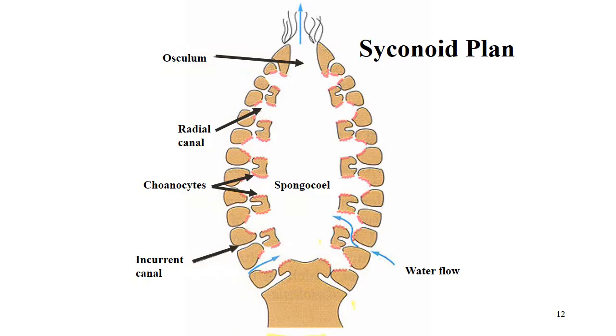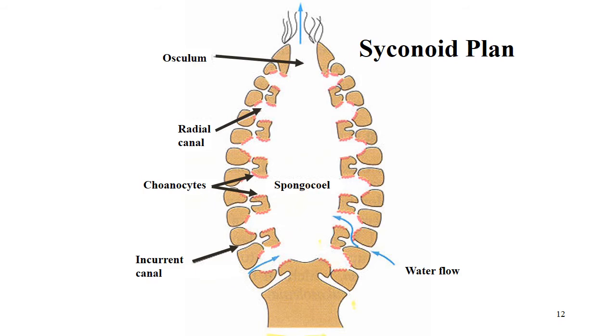Here is the syconoid, again, so you probably have class Calcarea. Water moves in through the incurrent canals again, but you can see we have two levels. So syconoid has two levels of choanocytes lining a double layer, and that allows for extra water flow to be pumped by two layers of choanocytes, an increased surface area, and you also have a little bit of a current, and as that current moves around, it can slow water down and slow food particles down.